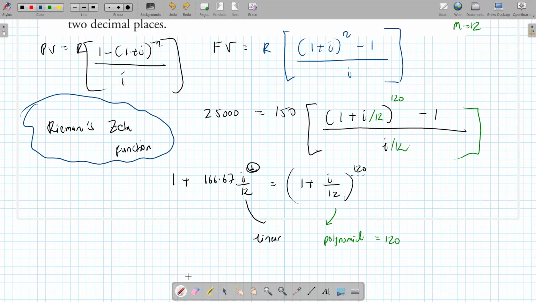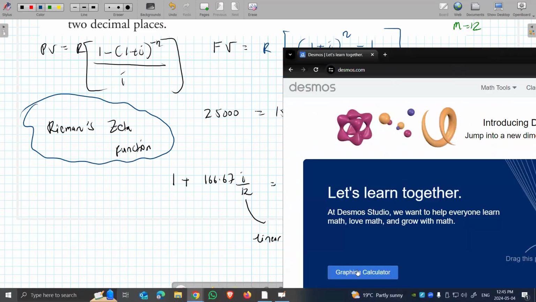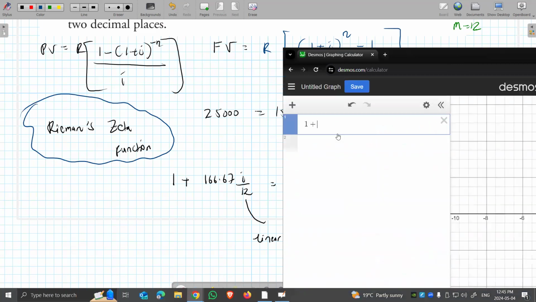I don't see any easy way to combine these two. So ultimately this is a calculator problem. By calculator, I mean a graphical calculator problem. So we're going to chug these in and see if we get a good result. This is on our left side.